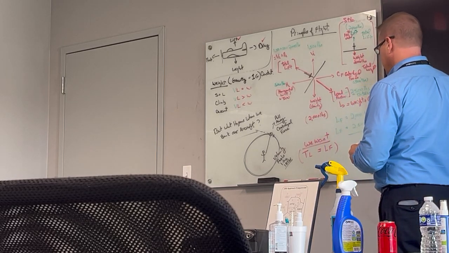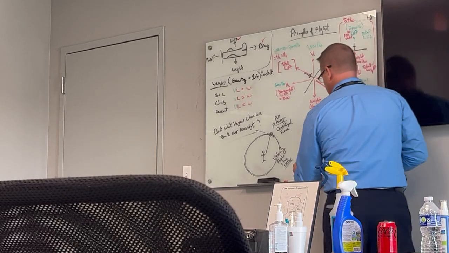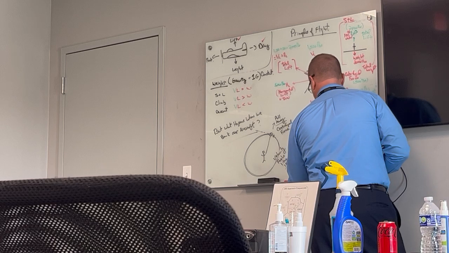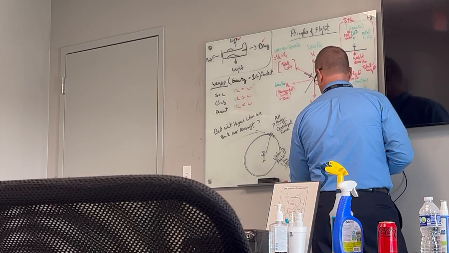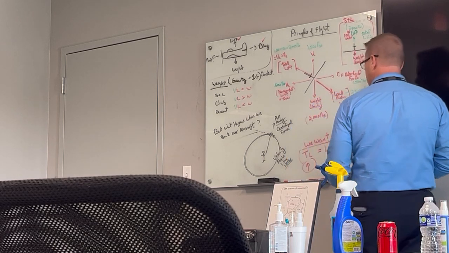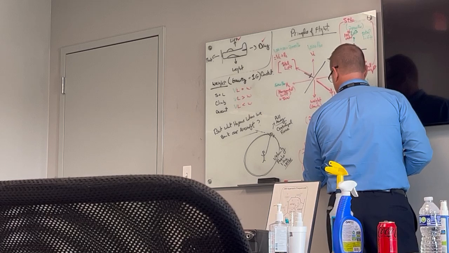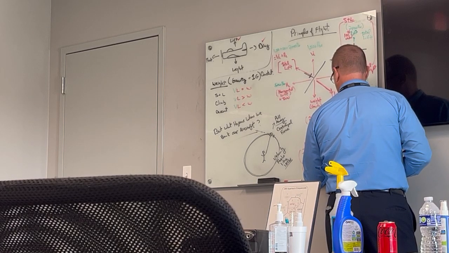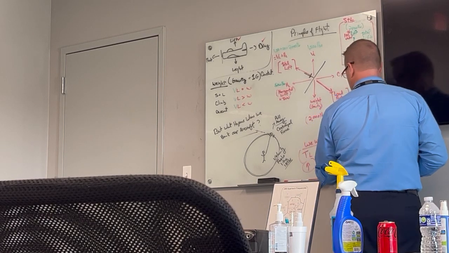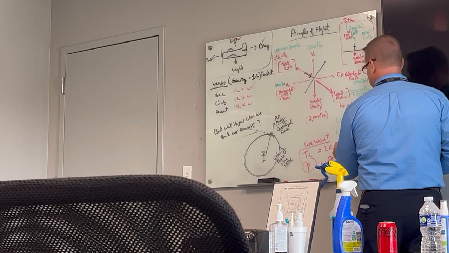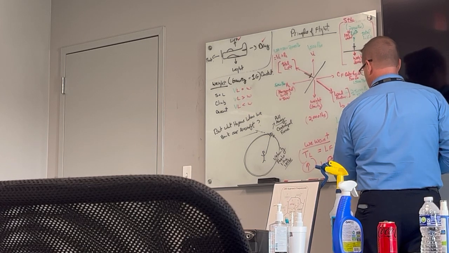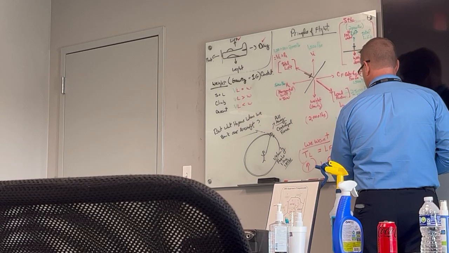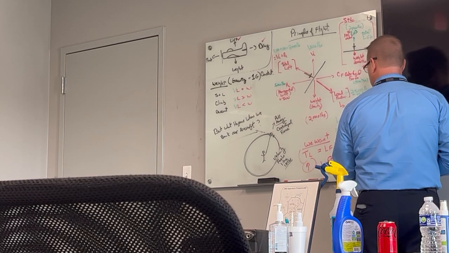Well, I need to increase this right here, my total lift. How do I do that? Well, how do we increase lift? We figured out two ways. Bernoulli said we can do it with velocity, and Newton said we can do it by increasing our angle of attack.